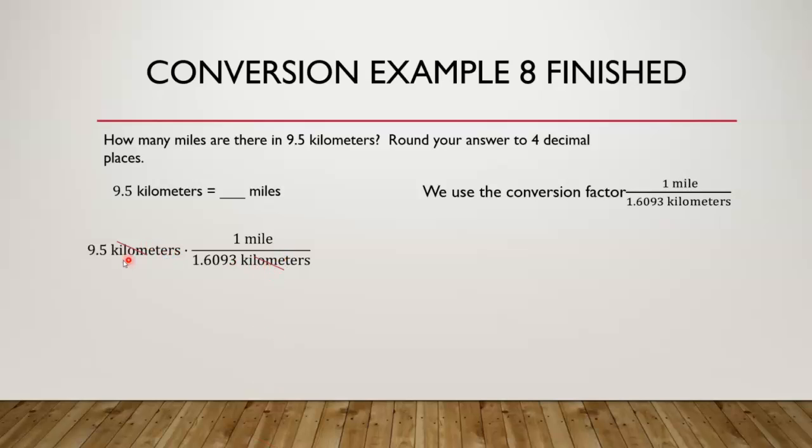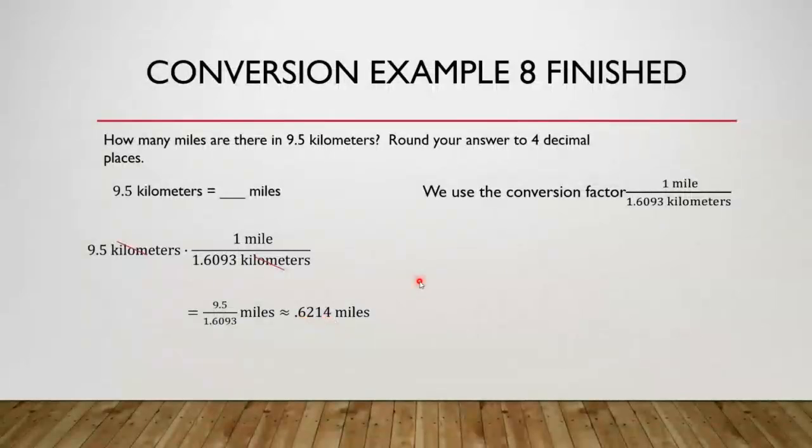And what we're left with is 9.5 times 1 over this, which is 9.5 over 1.6093. And when you do this quotient, you actually end up getting this. Oh, sorry. That's really what it boils down to.